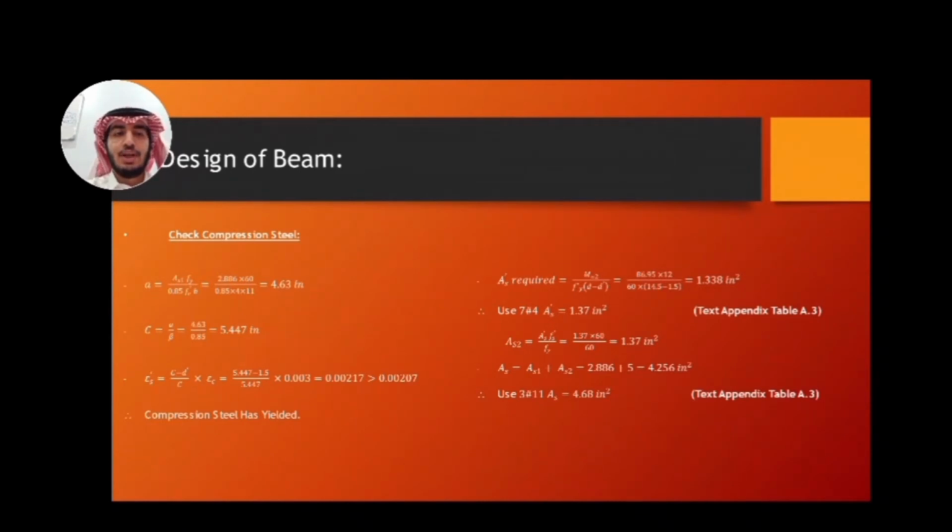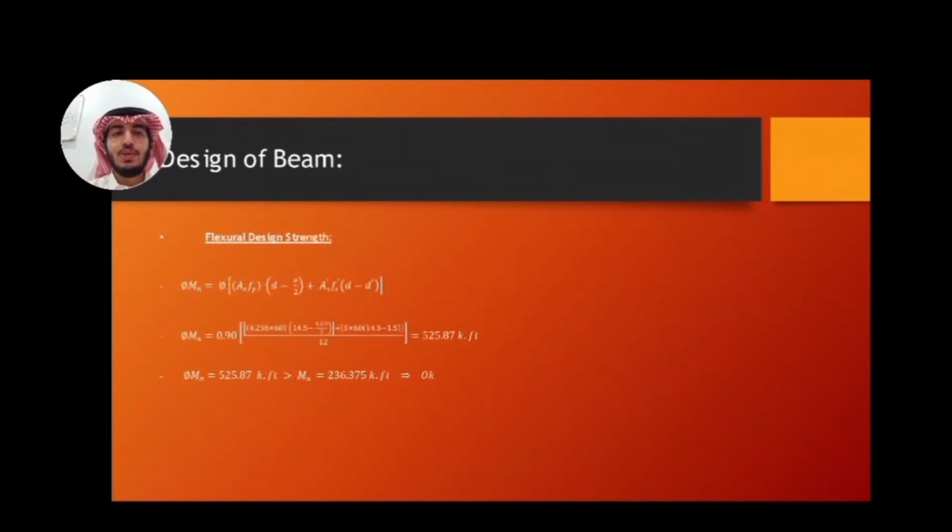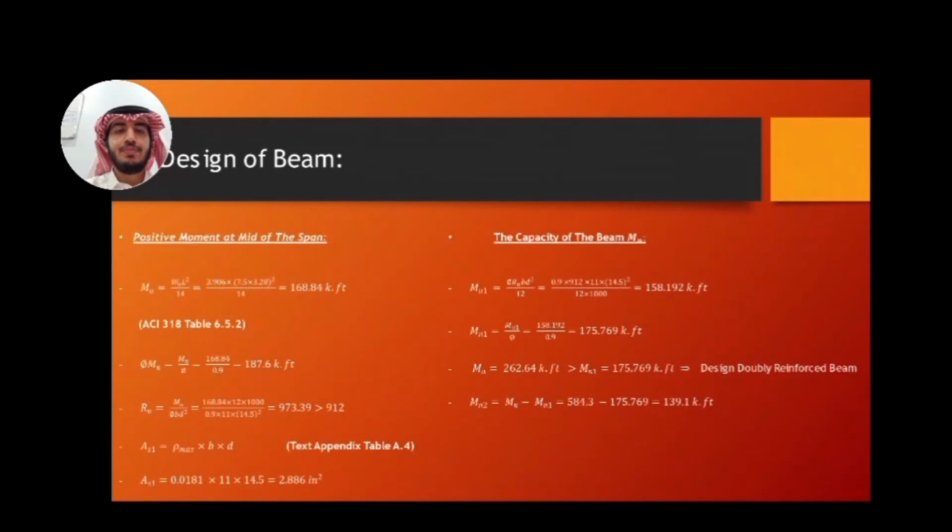After finding As' and As, we find the flexural design strength of the beam. After finding the flexural design, phi Mn is bigger than Mu, which is okay. Positive moment at the mid of the span is the same as the negative moment at the support.